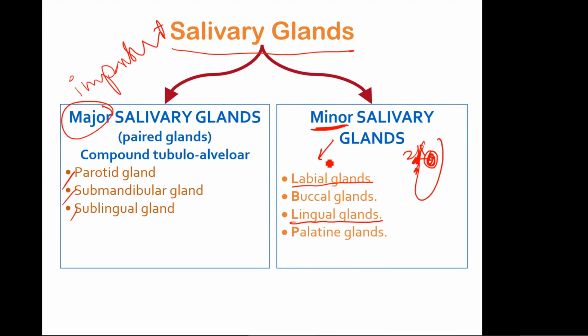Anyway, the minor glands in general have a role in lubricating and keeping the mucosa moist. How can I remember them? There is an easy way: LP, which is labial, buccal, lingual, palatine. Buccal is in the cheek, labial is the lips, and palatine is in the palatine area.